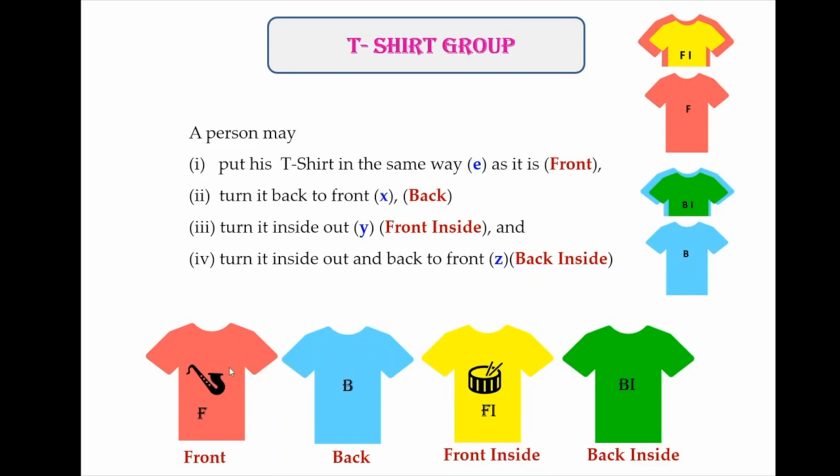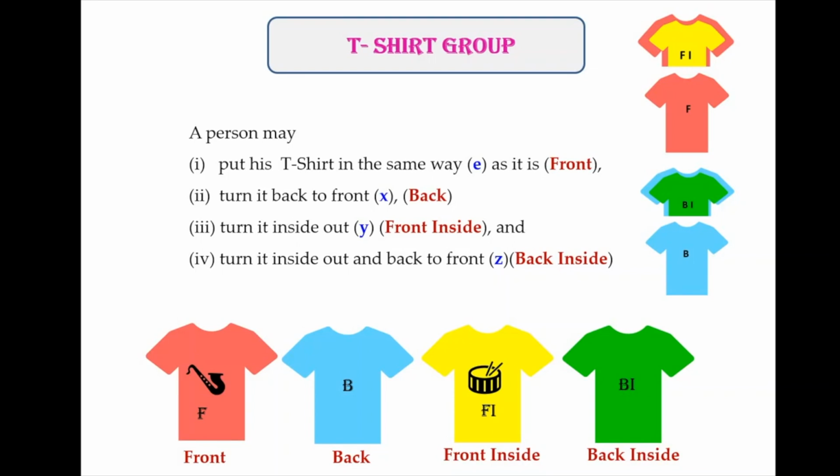So a person can wear the front part of the t-shirt as such, and the next day, suppose he wants to wear the back one as the front one. That is one option.